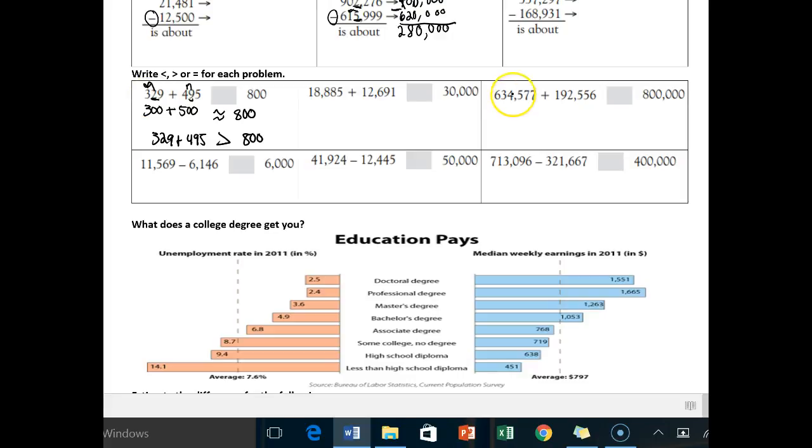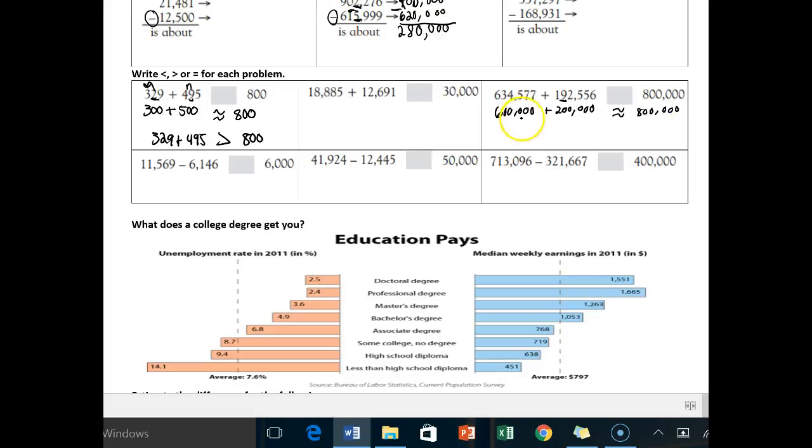Let's go over this one right here. Let's round this time to the nearest 100,000, so this is going to be rounding down to 600,000, and this is going to be rounding up to 200,000. And again, we get about equal to 800,000, but now let's go ahead and think about it.